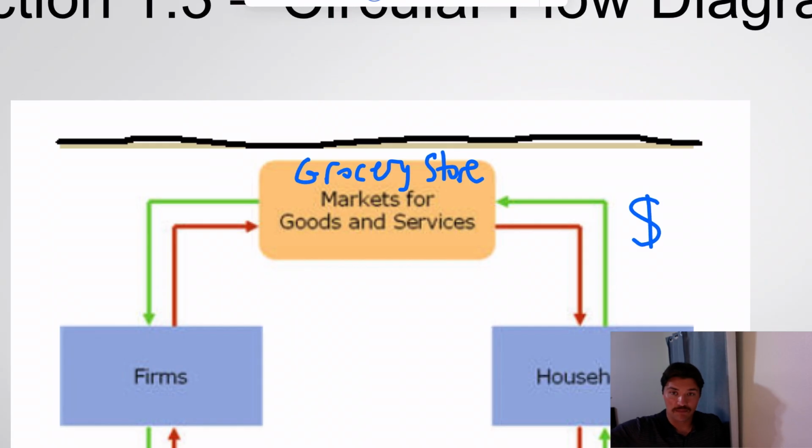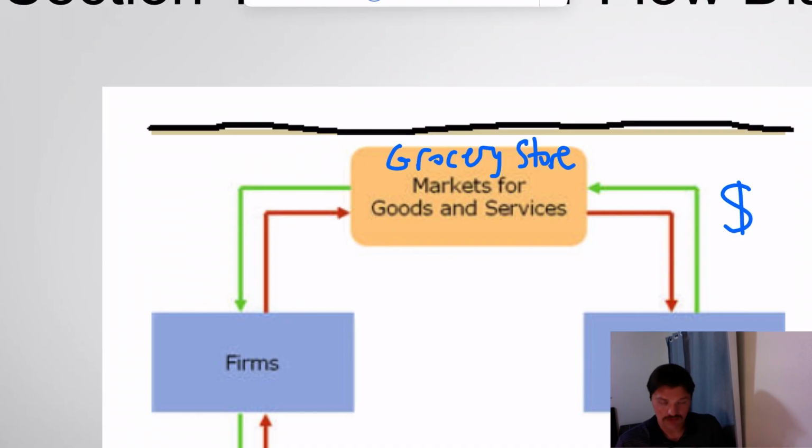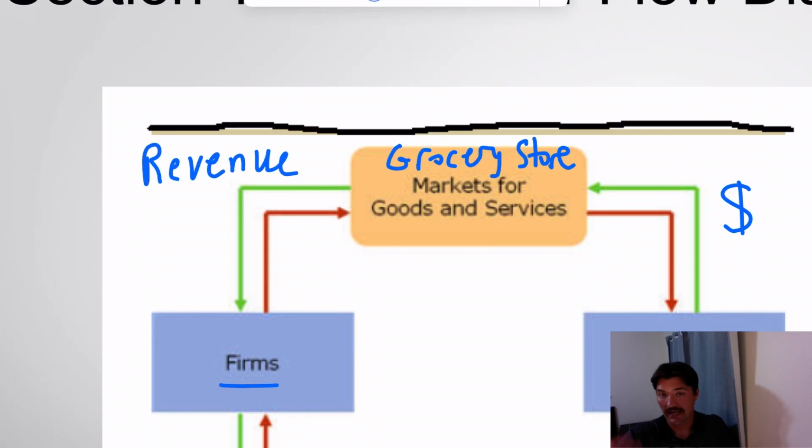So that money that I give to the grocery store, they are going to collect that, and that's going to go to the actual firm itself. When a firm collects money, that is going to be revenue. Revenue is just how much money you're making from selling a product. Okay, revenue is different from profit.